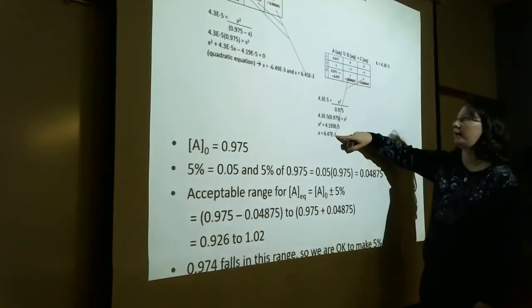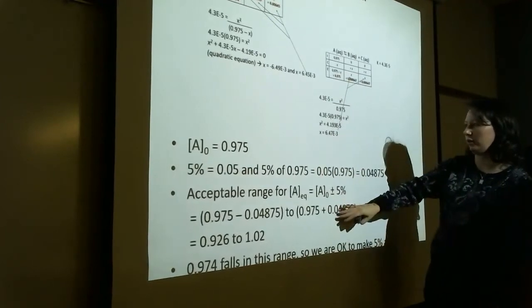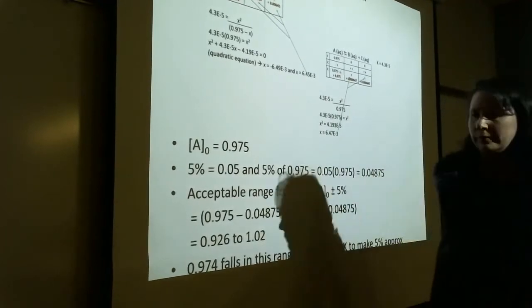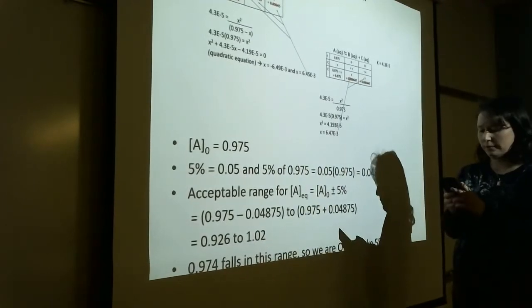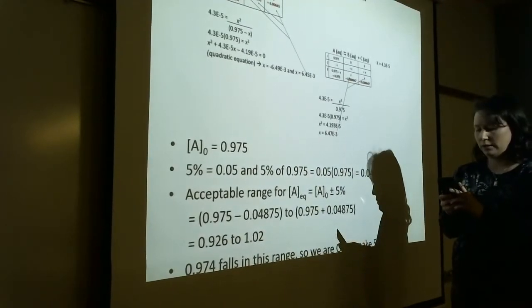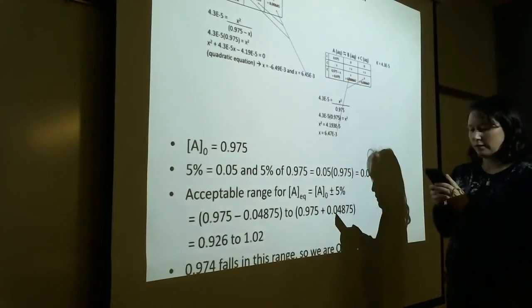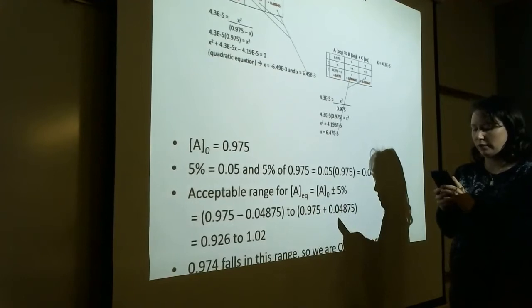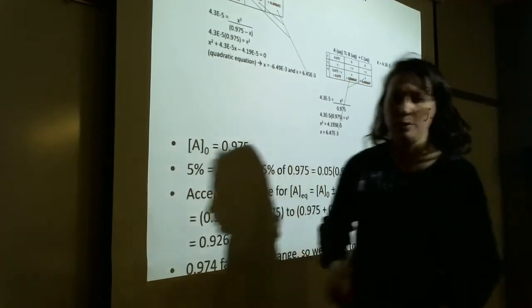We get our value of X, we plug it in, and we look at where it goes. Now that's not 0.974. Is it? Let's see. It doesn't look right. 0.975 minus our value of X, 6.47 e to the minus third. That's 0.968. That's a typo.